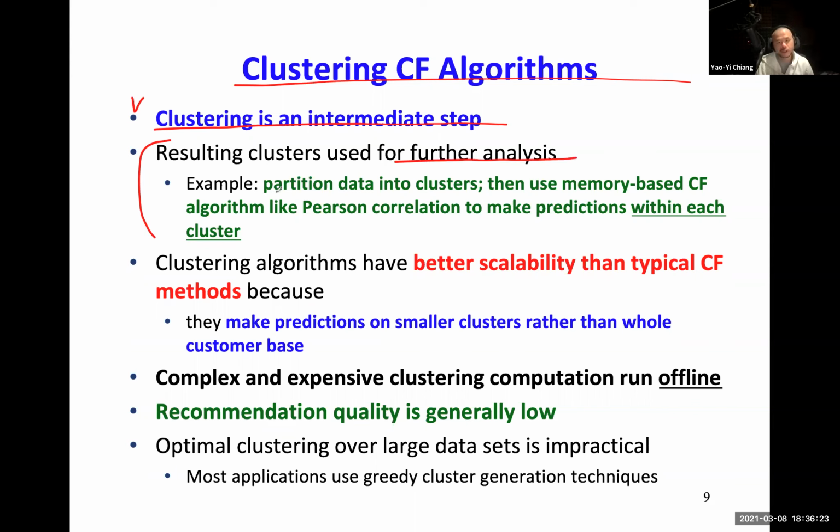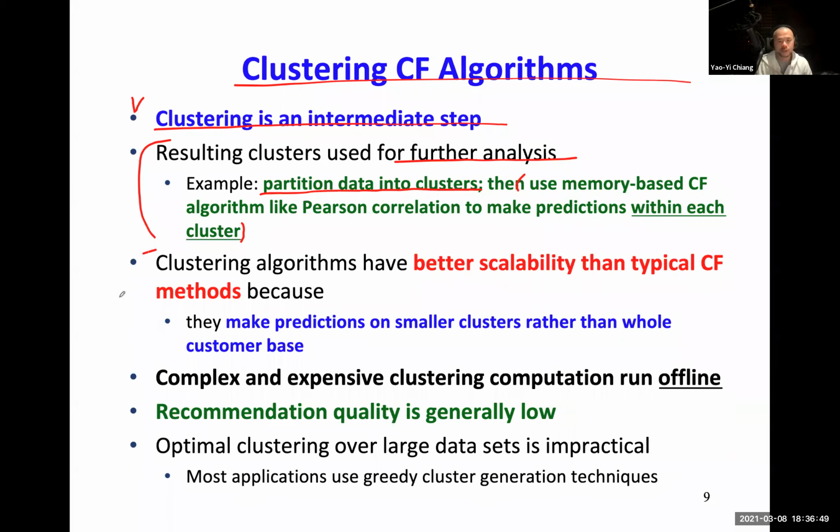For example, you can partition your user or item data into clusters, then use your memory-based method with Pearson correlation to make predictions within the cluster. The idea here is items or users within a cluster are more similar than items or users across clusters, so by focusing on one cluster, you should be able to generate a better result.